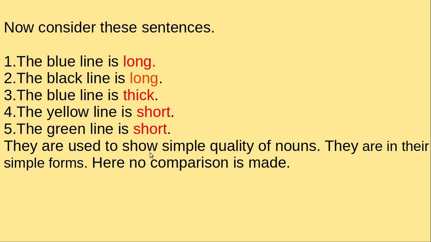Just like the thickness of a blue line, and the yellow line is short. All this shows a simple quality of nouns, and moreover they are in simple forms. The first forms, long, thick, short, are the primary or basic forms. Here no comparison is made.